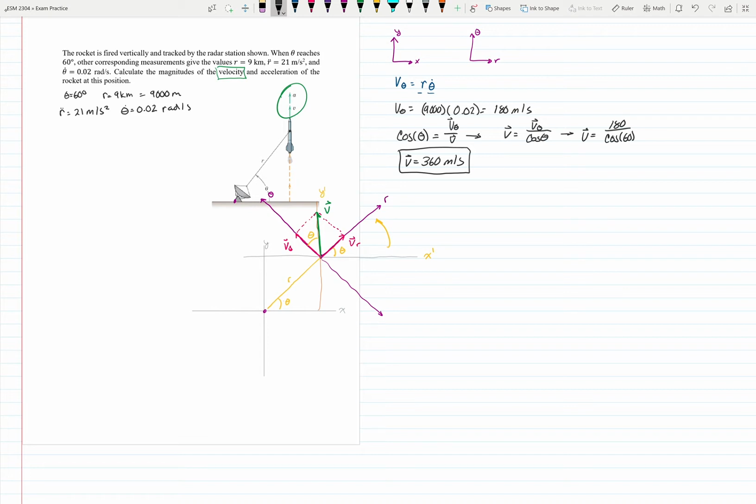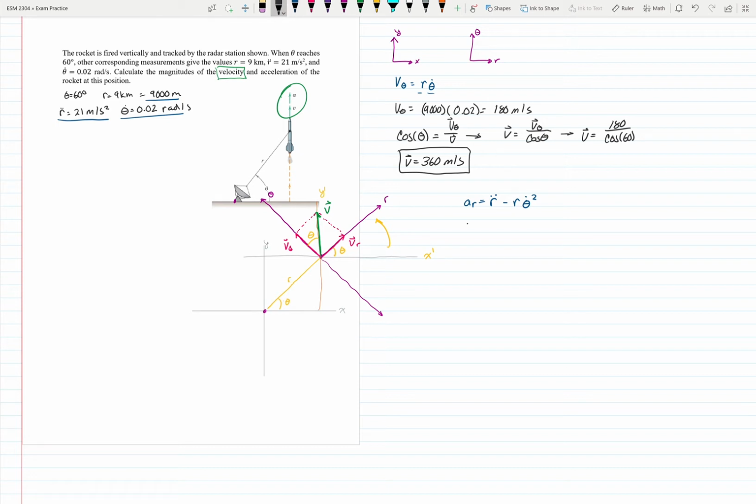Well, we also know that the acceleration in the r direction is given to us as r double dot minus r theta dot squared. And the values that we know here, we know that r double dot is 21 meters per second squared. We know that r is 9,000 meters. And we know that theta dot is 0.02 radians per second.